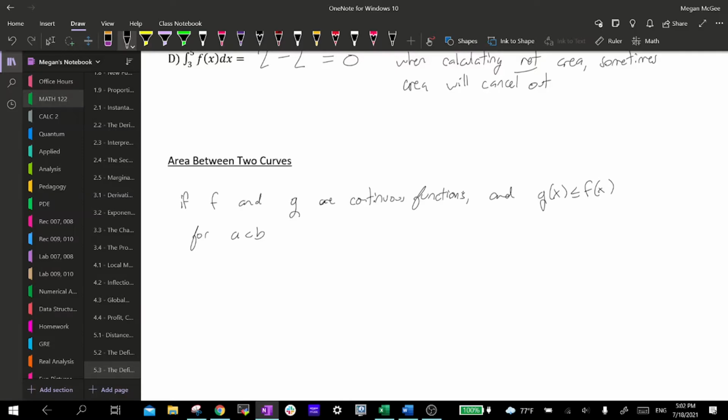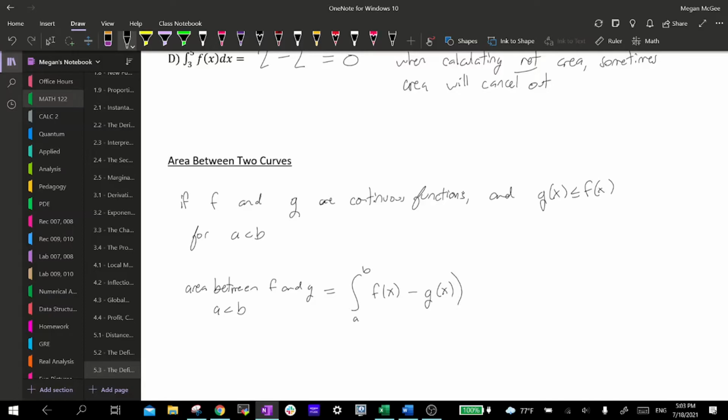alright, so the area between the functions f and g from a to b is given by the integral from a up to b of the function f of x minus the function g of x.